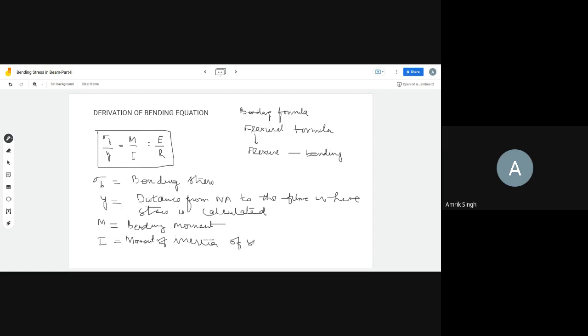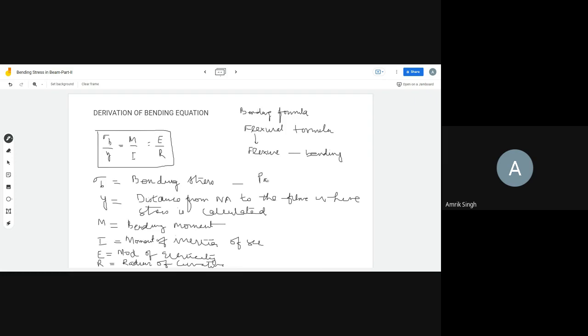E is the modulus of elasticity, and R is the radius of curvature.